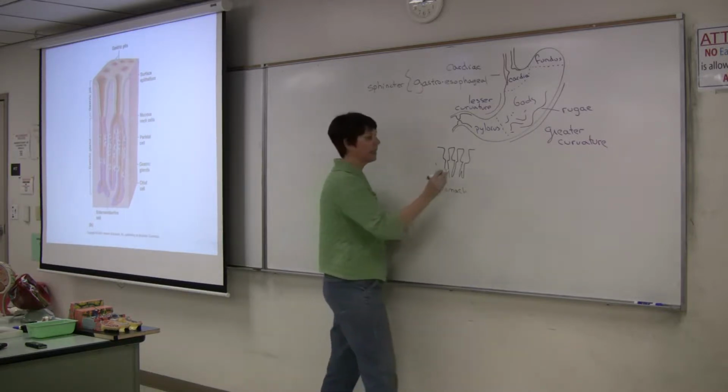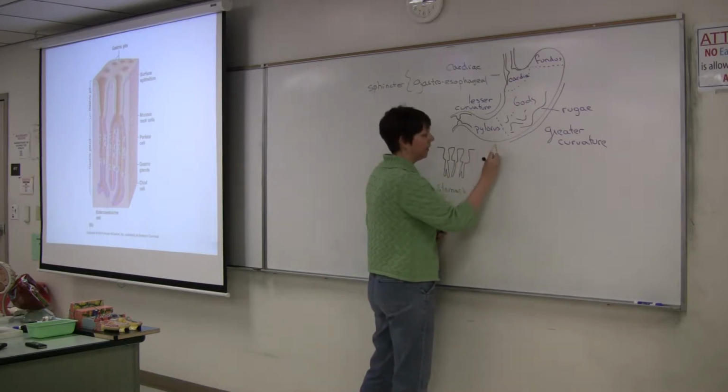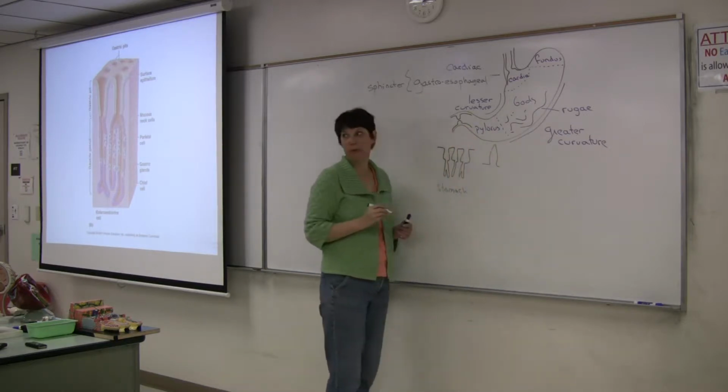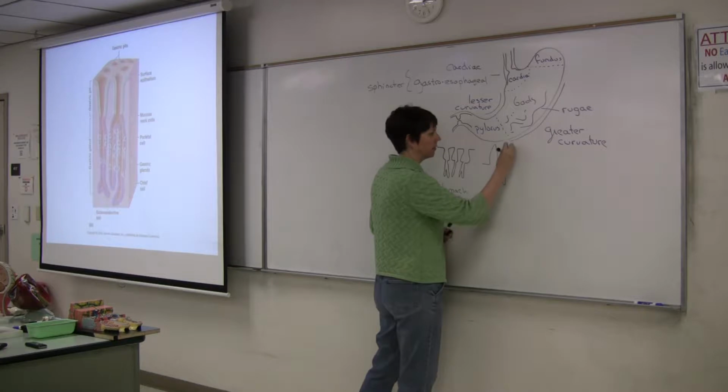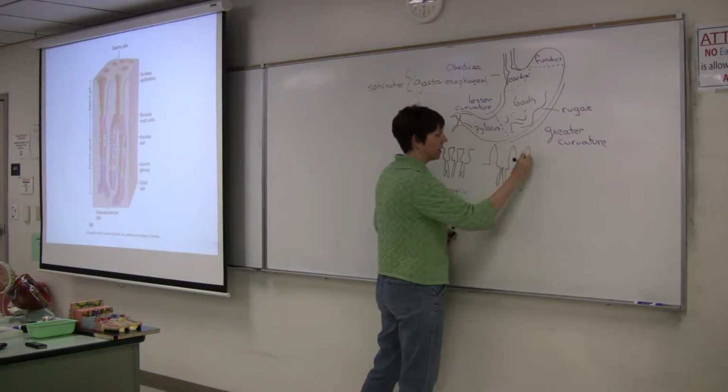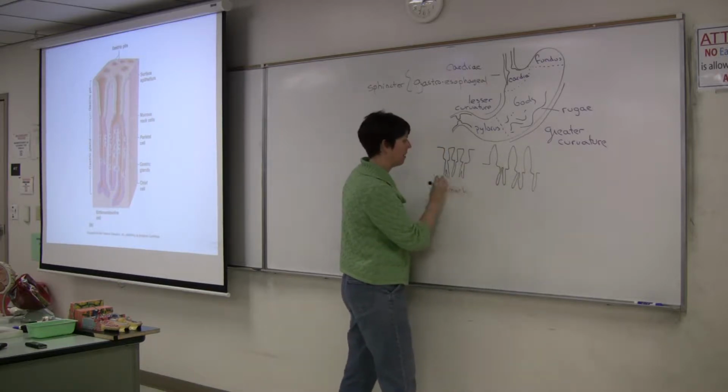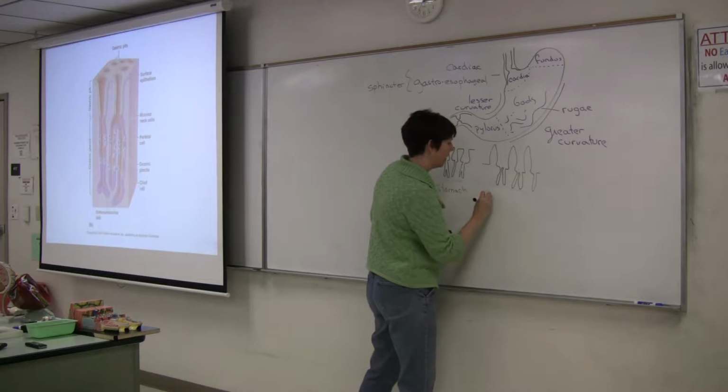In the small intestine, we have outgrowths called villi. These would be covered with simple columnar epithelium, and we have intestinal glands. There's a little bit more connective tissue between those. All right, this is where the muscularis mucosa would be. This is small intestine.